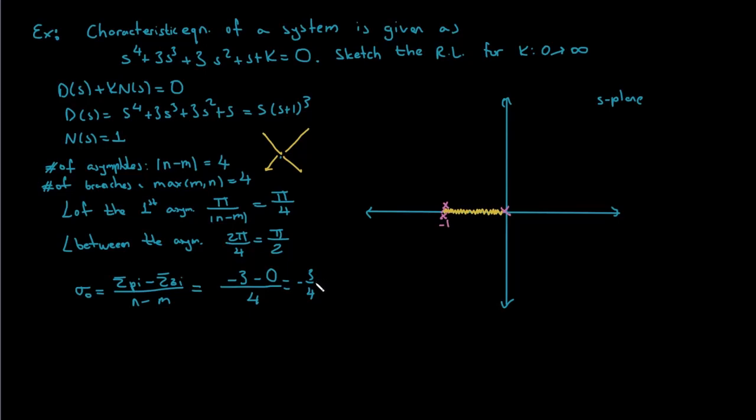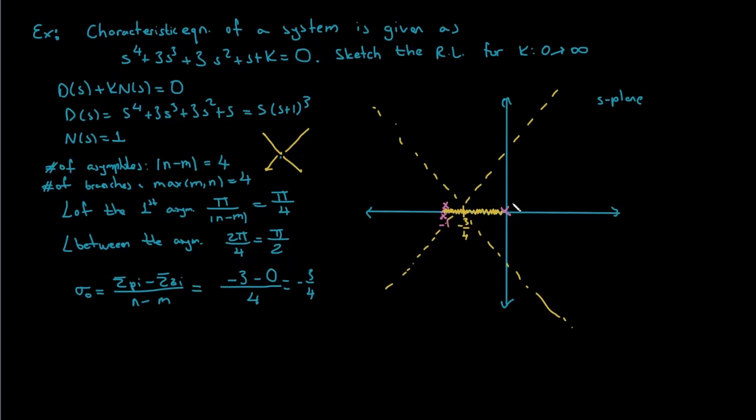We said that the intersection of the asymptotes is at -3/4. So this is -3/4. And at that point, we will have 4 asymptotes with those angles. All right, and then we need to find how the poles are going to move.